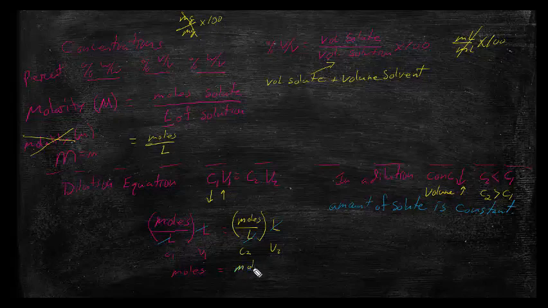So the moles that you started off with is the same as the moles you ended up with. That's what I'm saying here. The amount of solute is constant. It doesn't change. You're not adding or taking away any solute. The amount of solute stays constant.